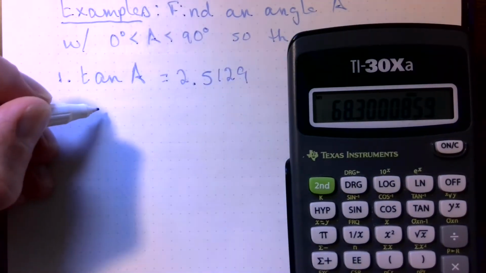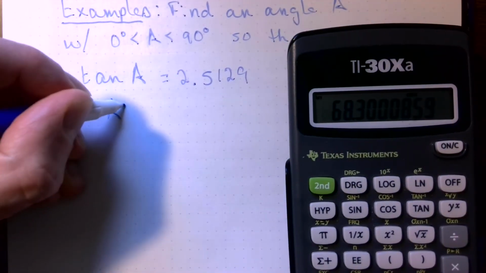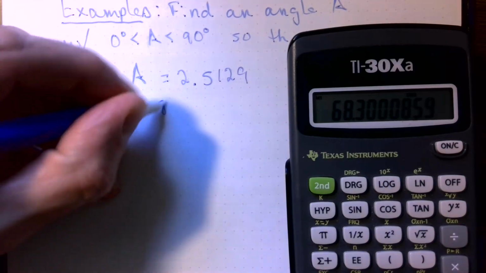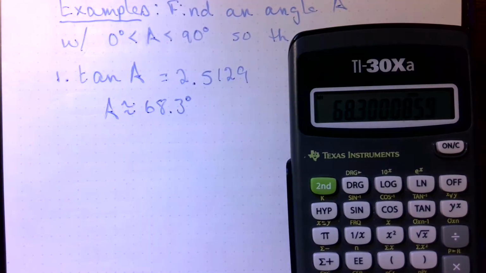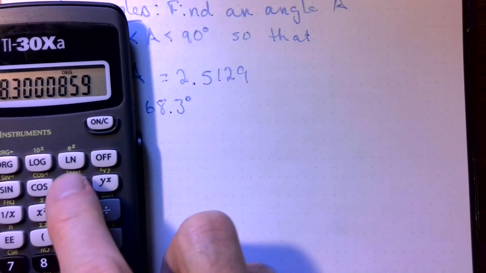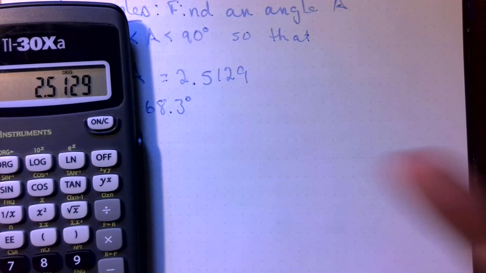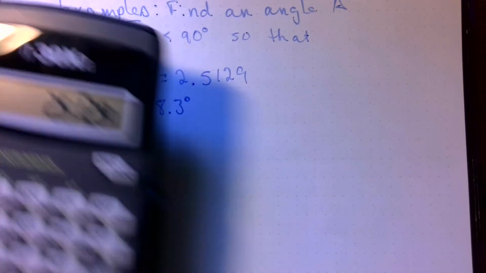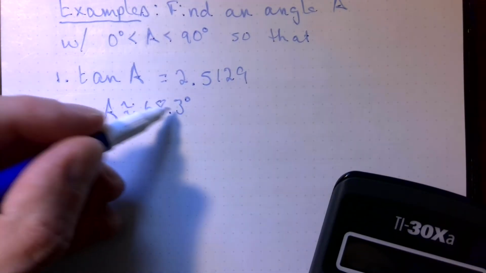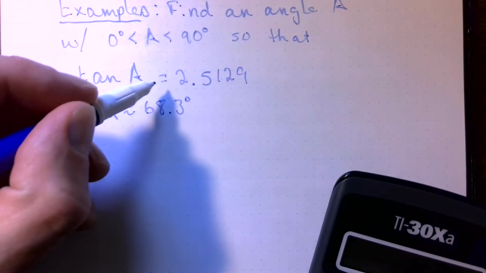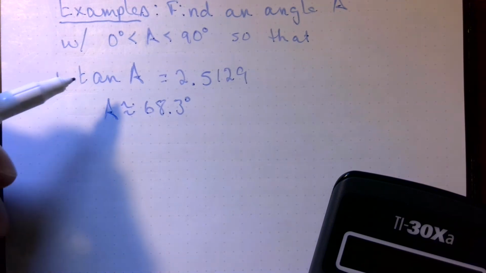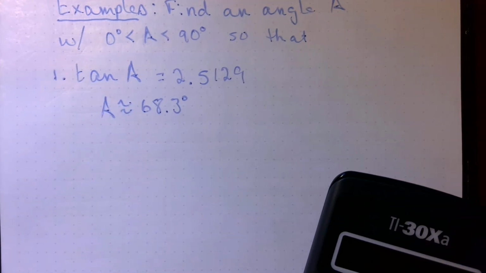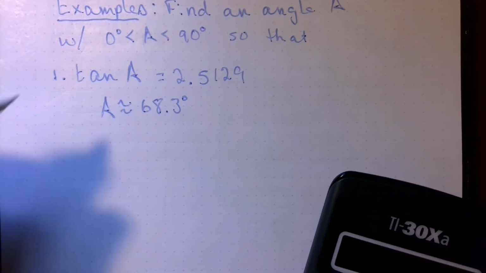Okay, so A is approximately 68.3 degrees. Now, I should be able to take the tangent and get right back to where I was. Okay, that's the whole point. If I take the tangent of 68.23, I get this target output. Okay, so that is our first example of working with an inverse function.